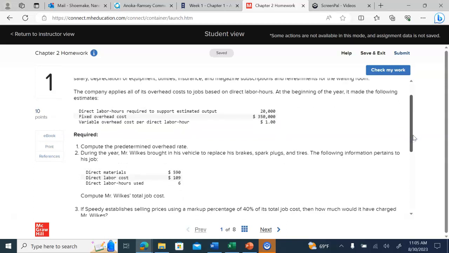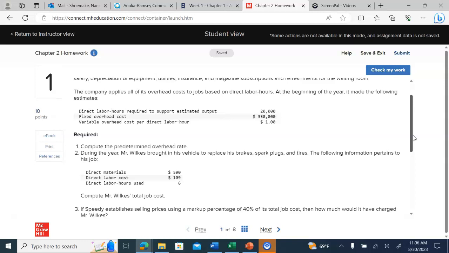The company applies all of its overhead costs to jobs based on direct labor hours. At the beginning of the year, it made the following estimates. It estimated 20,000 direct labor hours. It estimated $350,000 of fixed overhead costs, and the variable overhead cost per direct labor hour is $1.